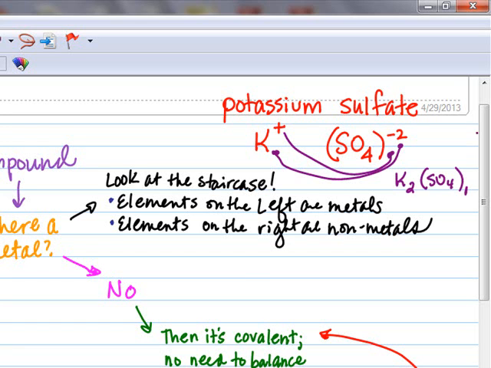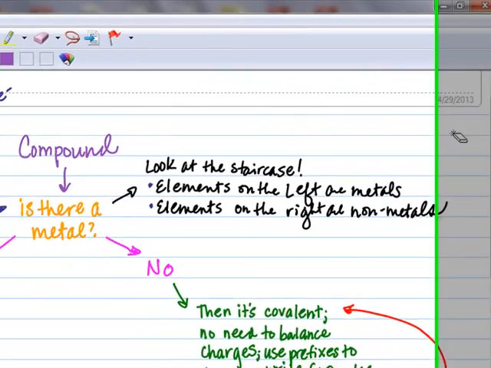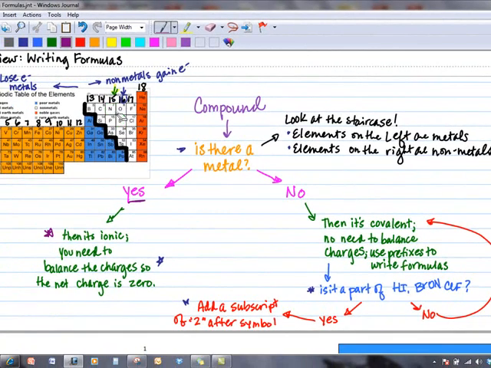But remember that in chemistry, we don't write the 1s, so the 1 is going to go away. And our correct formula is K2SO4 for potassium sulfate. So those are all the different kinds of ionic compounds that you are going to come across in the quiz.